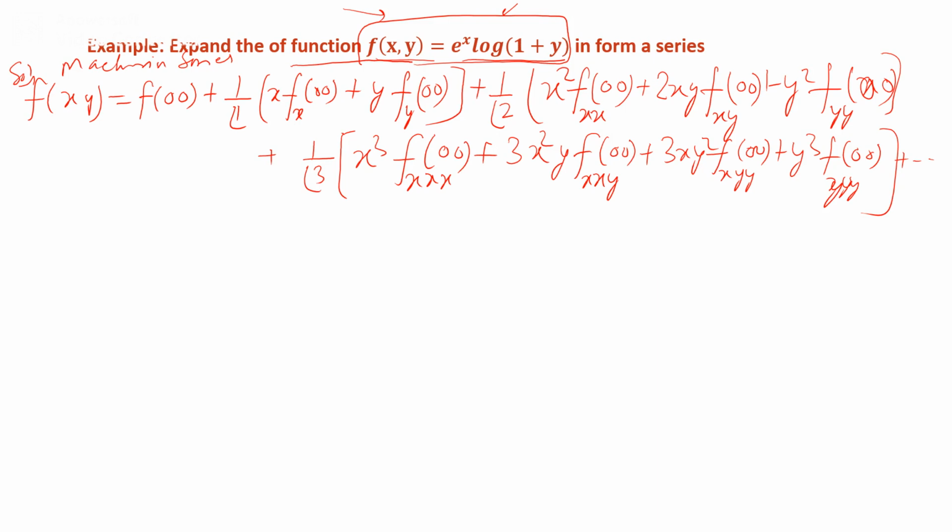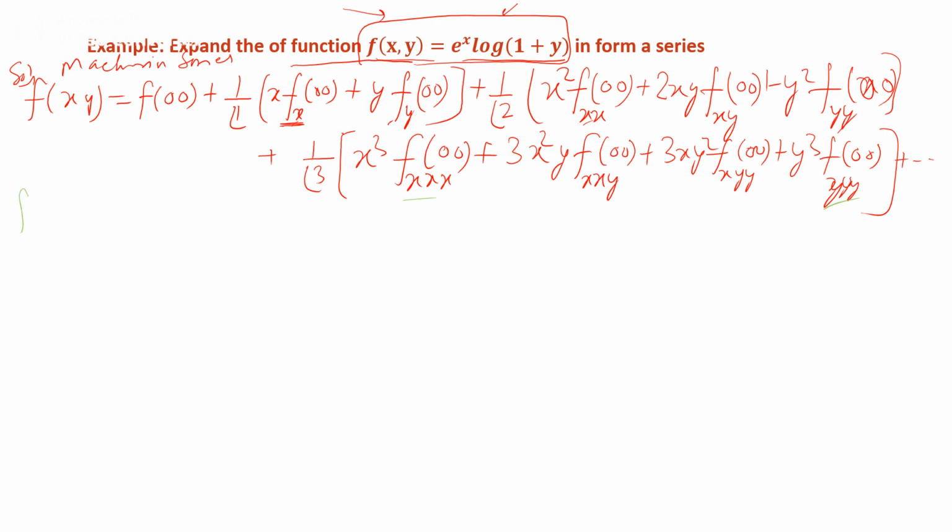Now what we have to do? We just find the partial derivative of a function with respect to x, with respect to y, 2 time with respect to x, 2 time with respect to y, 2 and 1 with respect to x and y, 3 time with respect to x, 3 time with respect to y, and all these terms.